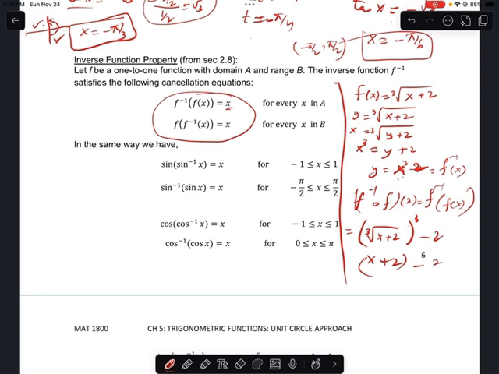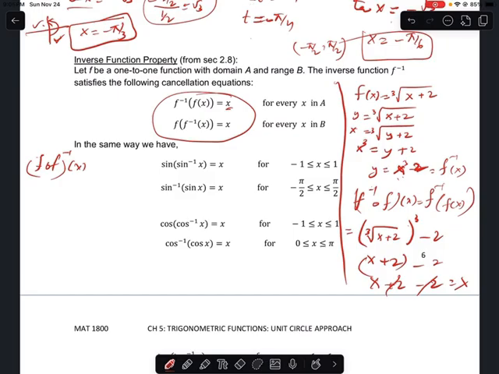The first step would be to undo the cube root. How do we undo the cube root? We will take the cube on both sides. So I will get x cubed equals y plus 2, so that y will be equal to x cubed minus 2, and this is our f inverse of x.